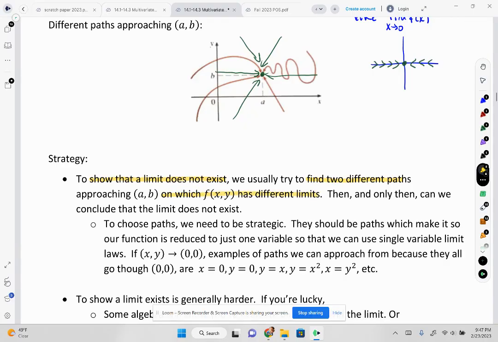That's the idea. We would have x, y approaching some point (a, b). We could draw this idea over here.